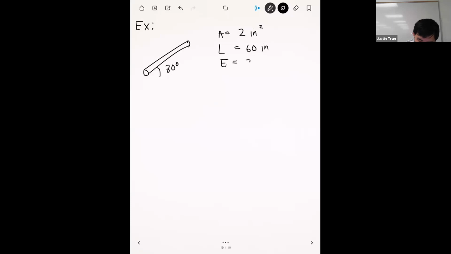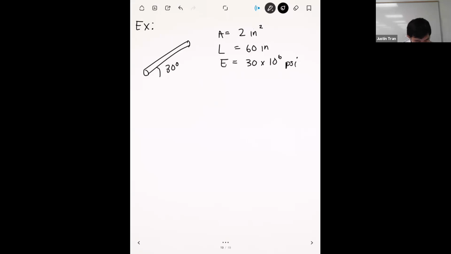All right, so let's assume that we have a truss element that looks like this. Let's say that it's angled upwards with an angle of 30 degrees. Let's say that its cross-sectional area is 2 inch square. Its length is 60 inches. And its Young's modulus is 30 times 10 to the 6 PSI.